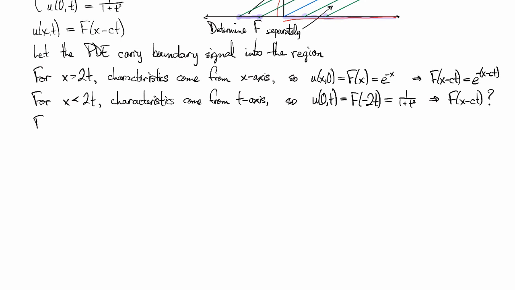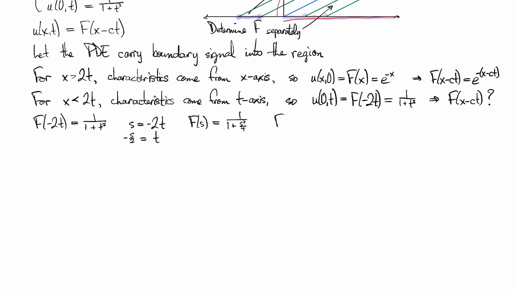If we've got f of minus 2t equal to 1 over 1 plus t squared, then if we do a change of variable and put s equal to minus 2t, so that minus s over 2 is equal to t, then f of s is going to be 1 over 1 plus s squared over 4.